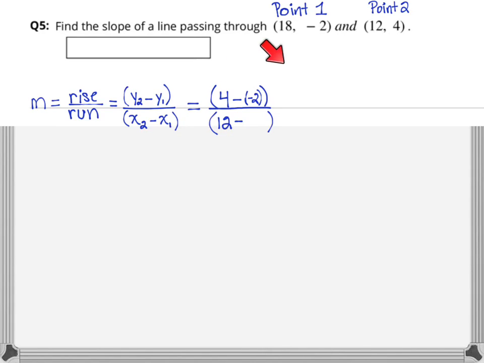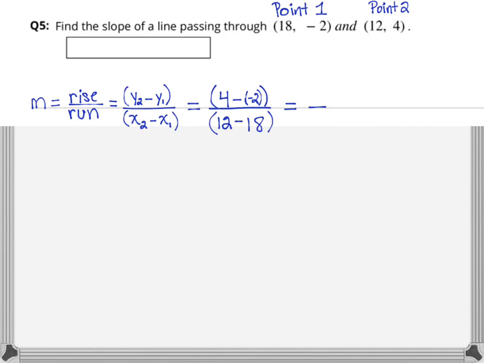So point 1 is here. The value for x in point 1 is 18. So I'm subtracting 18. Okay. Now when I go 4 minus -2, and I get a number, that's going to be my rise. And when I simplify 12 minus 18, that'll give me another number. That'll be my run.